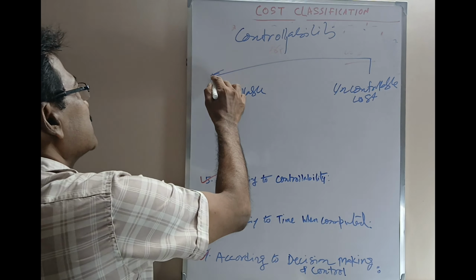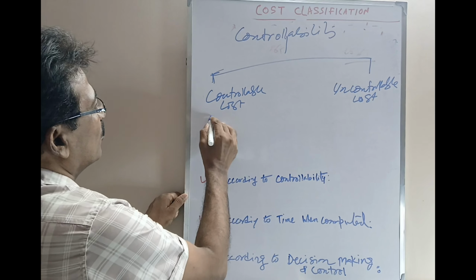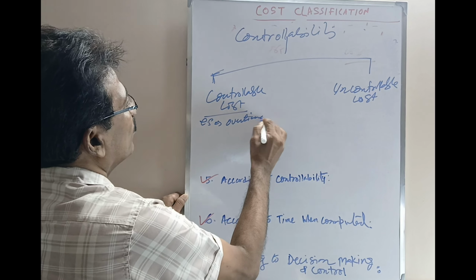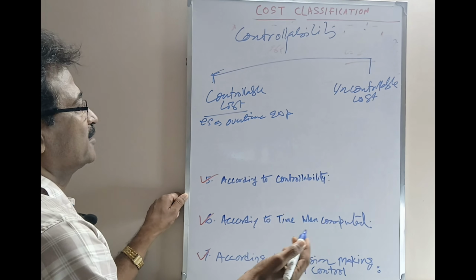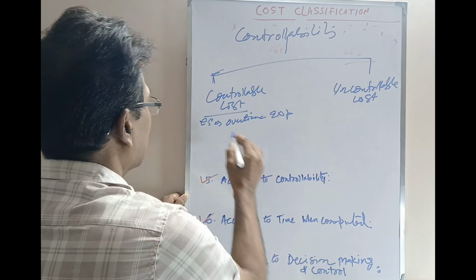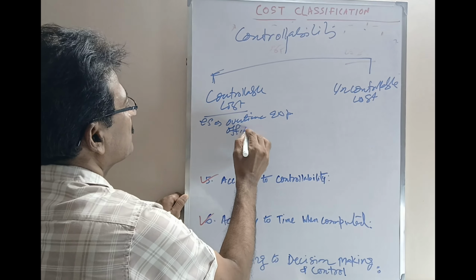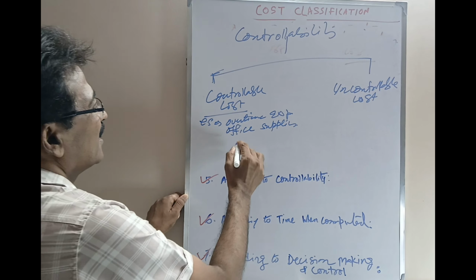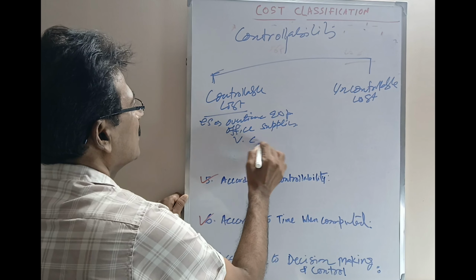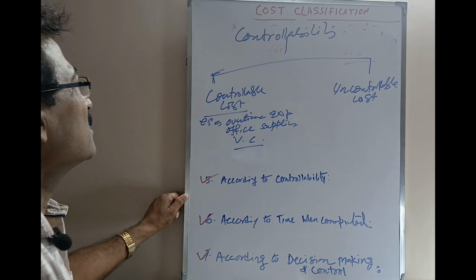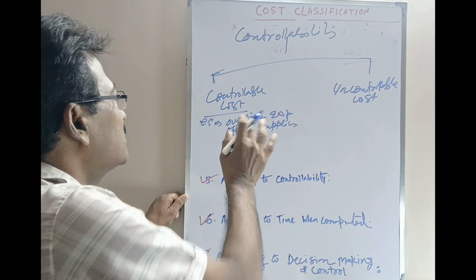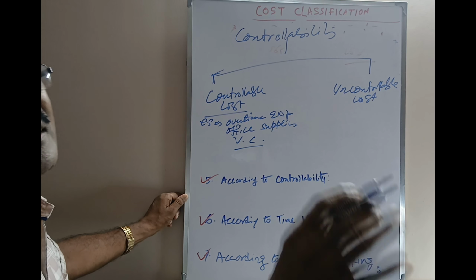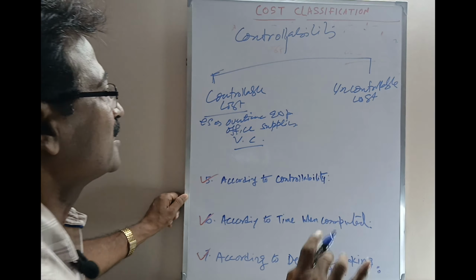A cost that can be controlled is a controllable cost, like overtime expenditure. We can control it to a certain extent, right? Overtime expenditure, office supplies. Variable costs are mostly controllable. So controllable costs are nothing but variable costs which we can control, right?